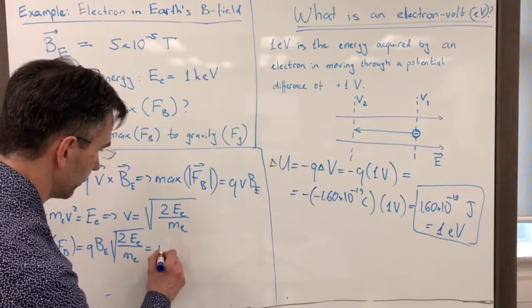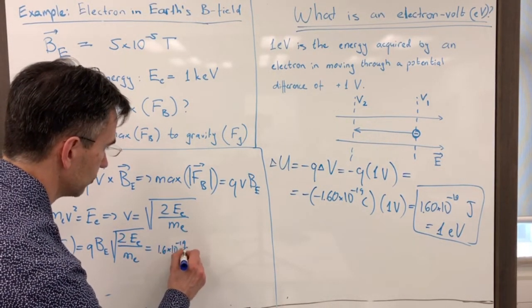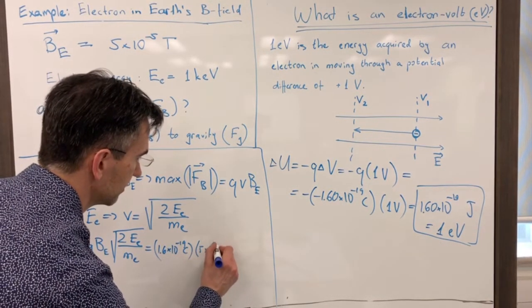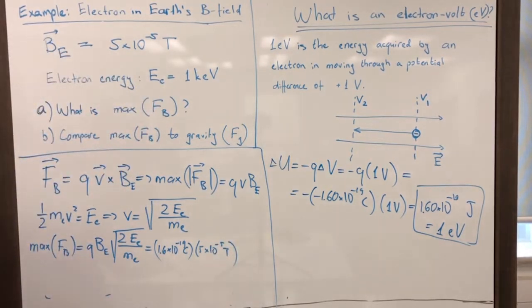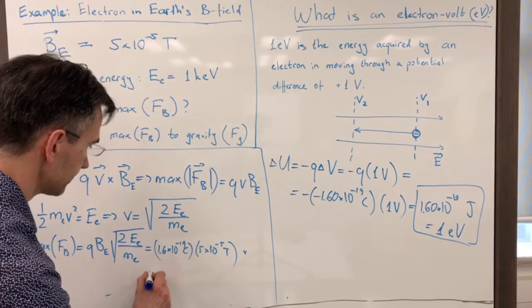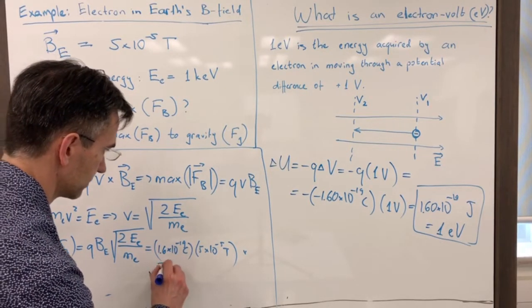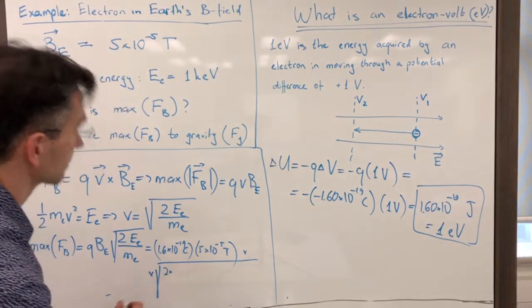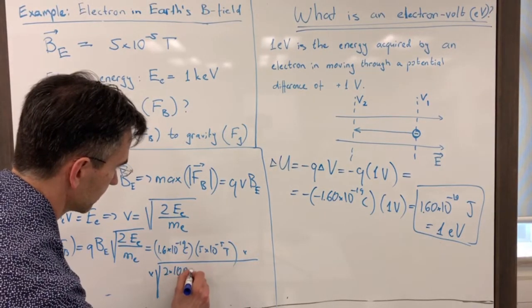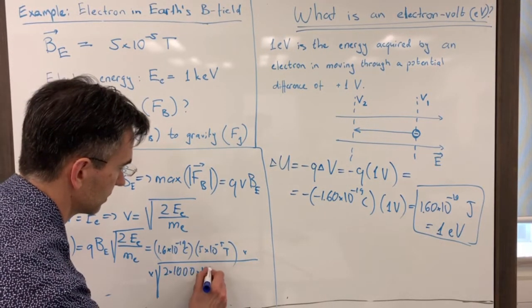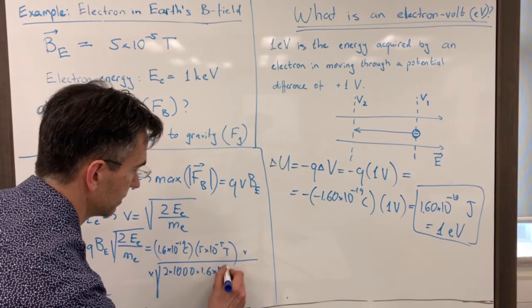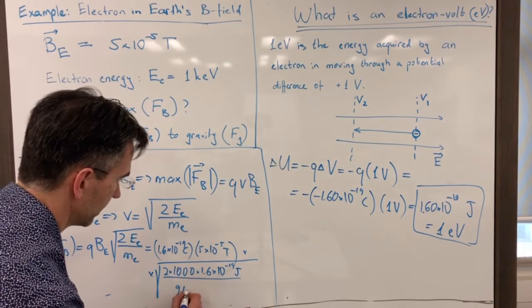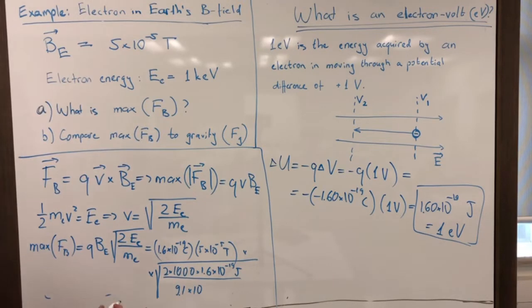So this is 1.6 times 10 to the minus 19 coulombs, times the magnetic field, 5 times 10 to the minus 5 Tesla, times the square root of 2 times 1,000 times an electron volt, which is 10 to the minus 19 joules, over the mass of the electron, 9.1 times 10 to the minus 31 kilograms.